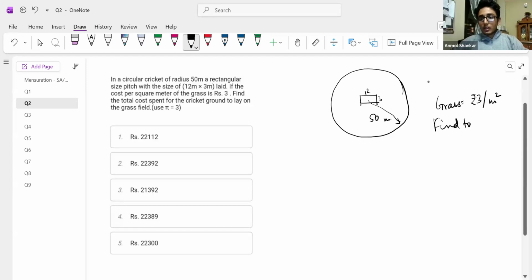Find total cost to lay grass on field. Okay, so first, where is the grass going to come, inside the pitch, or where?